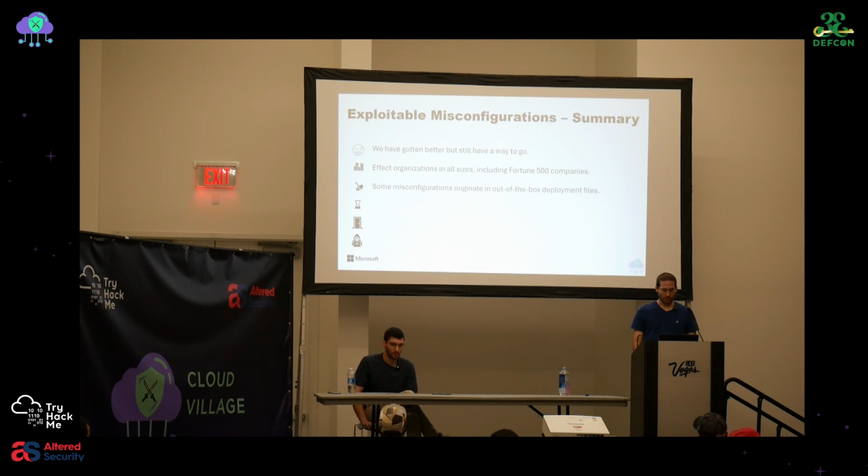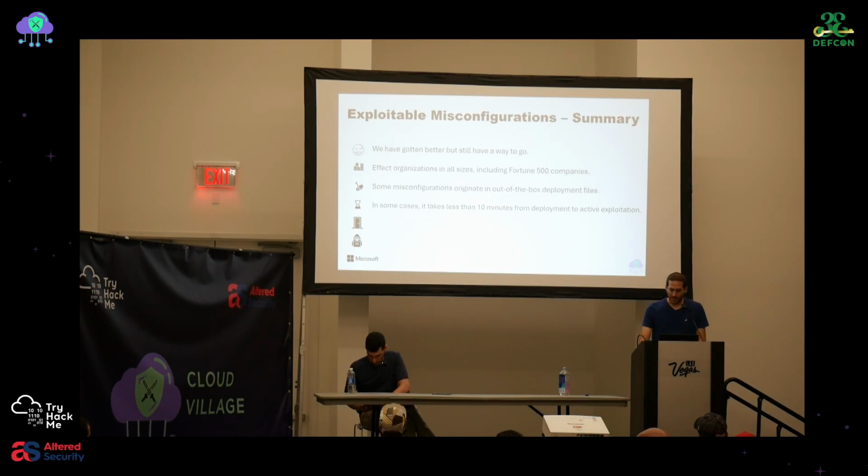As we have seen throughout the session, in some cases, the misconfigurations come out of the box. So it's not even about a mistake that somebody makes. Sometimes it's just relying on the default settings. And that's why it's crucial to really understand what we deploy and not just rely on the default configurations as they come.